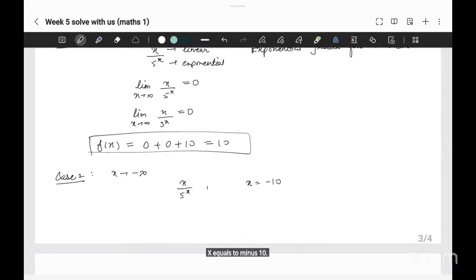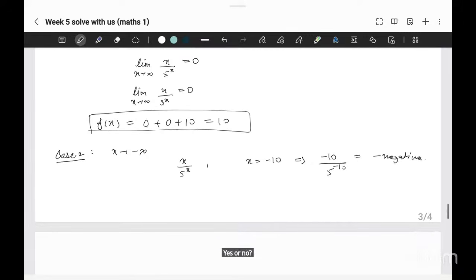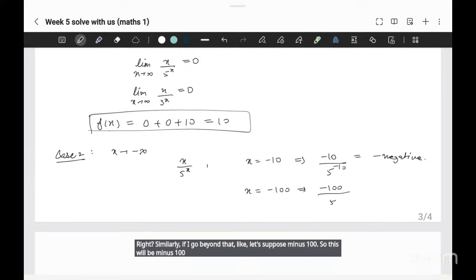This will be minus 10 upon 5 raised to the power minus 10, right? So this will be some negative value, correct? Similarly, if I go beyond that, let's suppose minus 100, this will be minus 100 divided by 5 raised to the power minus 100, so this will also be a huge negative number.